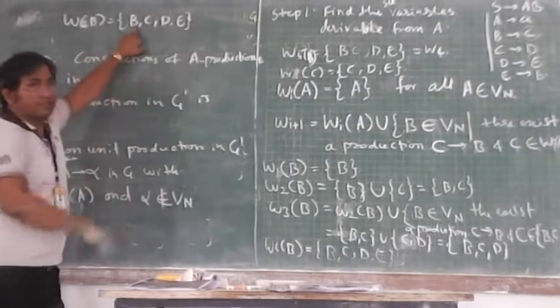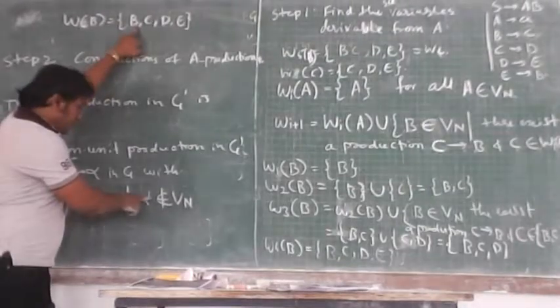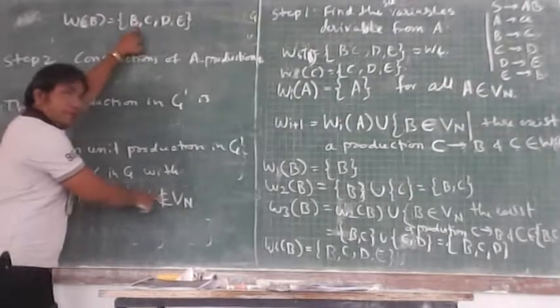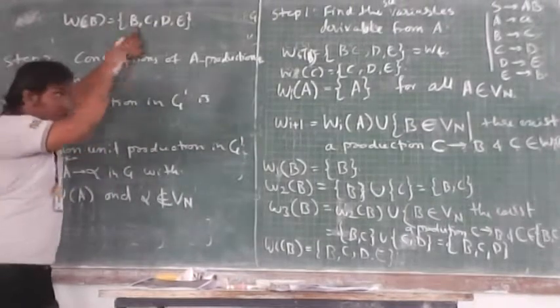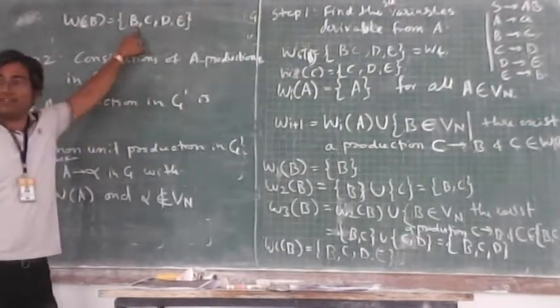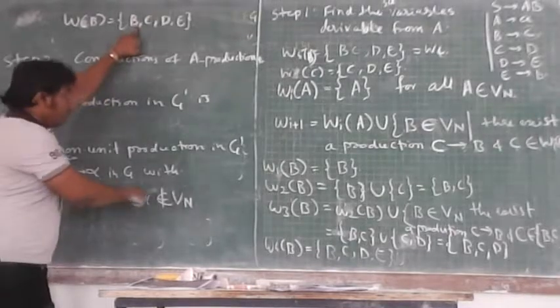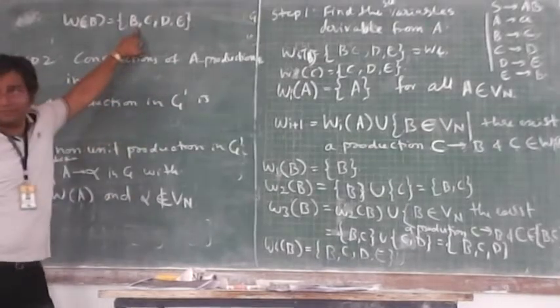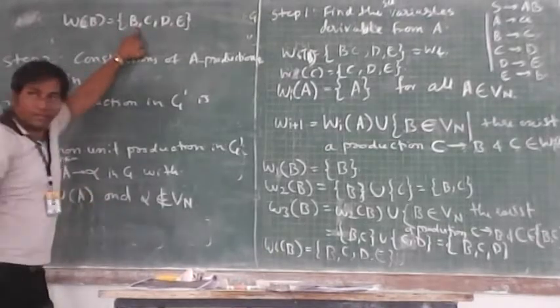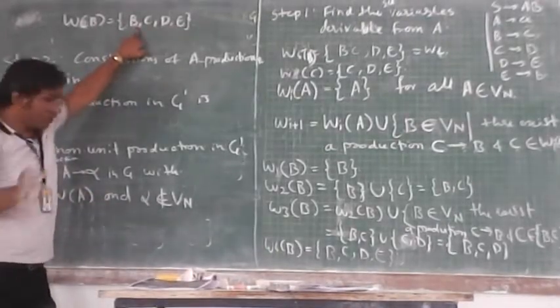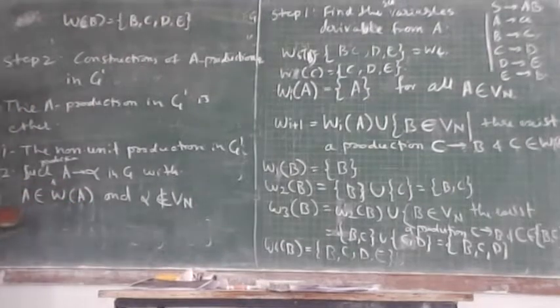B production is C. C should not belong to Vn, meaning C should not be a variable. What does it clearly mean? What is the right hand side of the B production? It is C. Does that C belong to Vn? Yes, it does. Then don't include that.